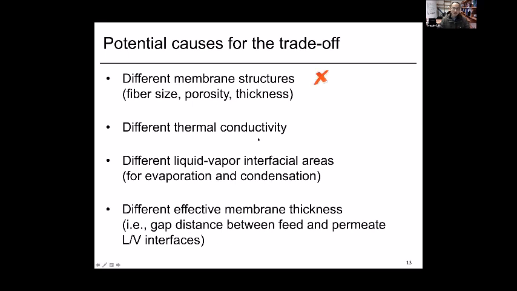The first 2 reasons we ruled out already: maybe the membranes have different structures, such as fiber size, membrane porosity, or membrane thickness, or the membranes may have different thermal conductivities. But after we measured the membrane structural parameters as well as thermal conductivities, we didn't see any difference among those 4 different vapor gap membranes.